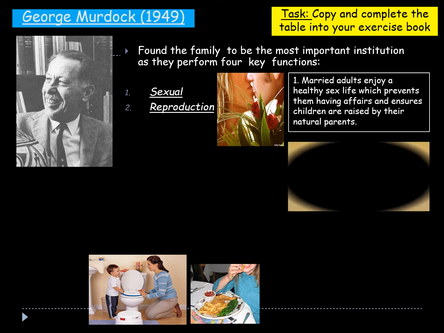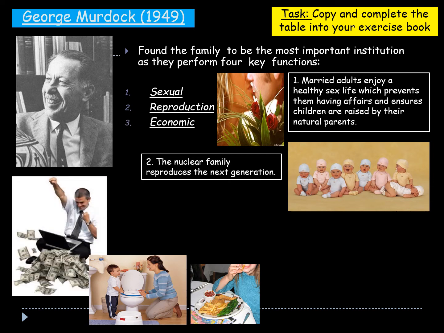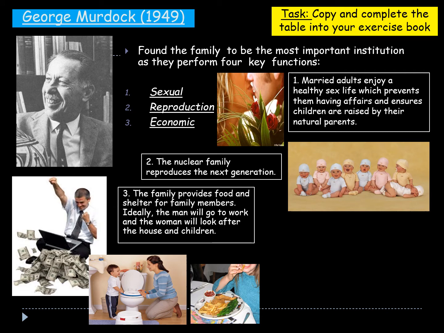The second function is reproduction. The nuclear family reproduces the next generation in order for society to continue and survive. The third function is the economic function. This is where the family is providing food and shelter for family members.